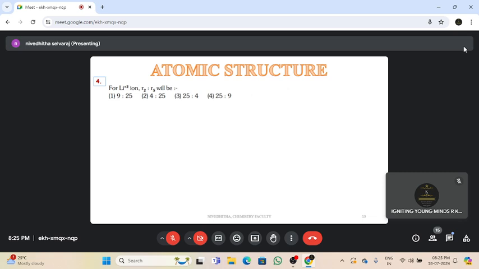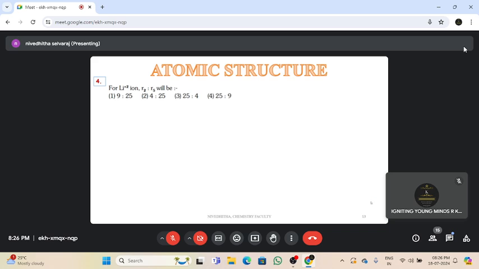Here they have given lithium 2 plus ion, and they are asking us to find the ratio of R2 and R5, which is very easy. Second option.